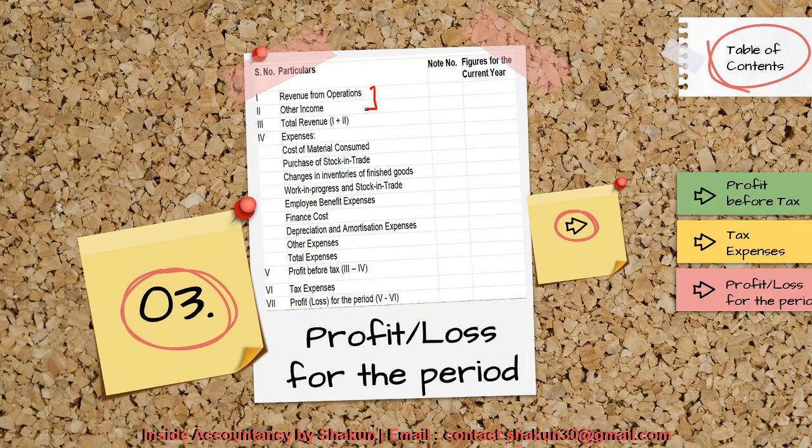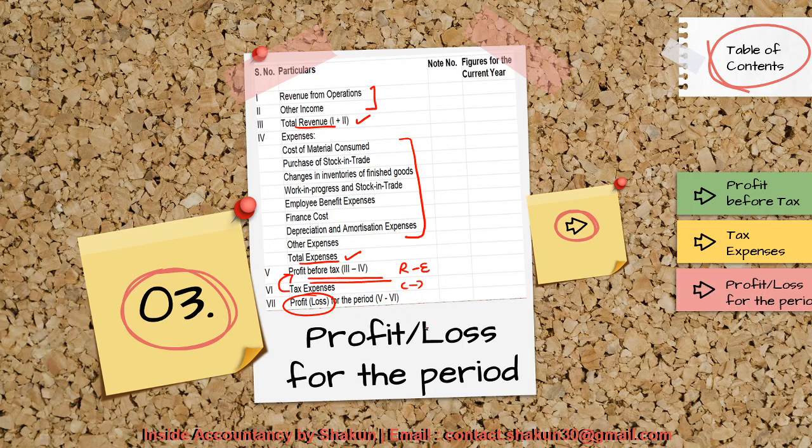The total of these two gives us total revenue. The total of all the expenses gives us total expenses, and total revenue minus total expenses gives us profit before tax. So revenue minus expenses gives us PBT, and the tax is calculated on this PBT and subtracted from it, and then we get the profit or loss for the period.